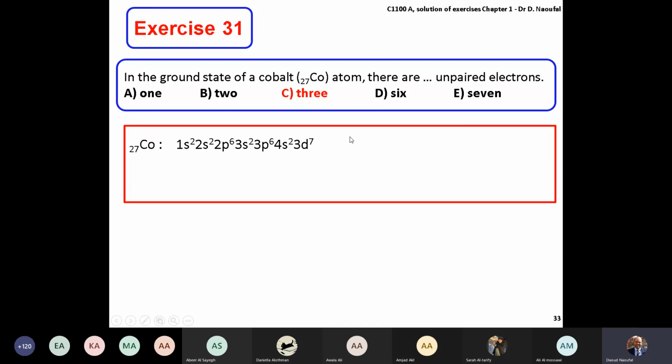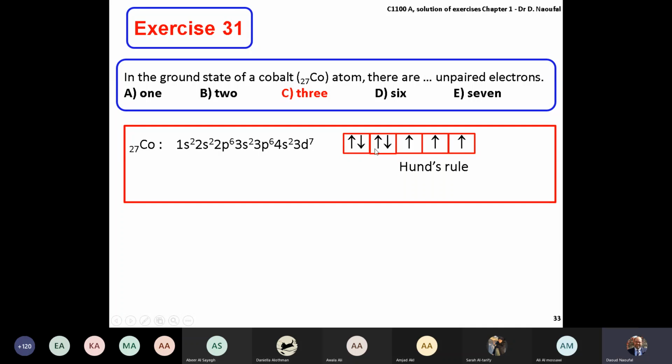So first of all, we have to write the electronic configuration: 1s2, 2s2, 2p6, 3s2, 3p6, 4s2. So we have 20 electrons, then 3d7. We write the box representation for 3d7. In d orbital, we have 5 boxes, and we have to fill 7 electrons according to Hund's rule.